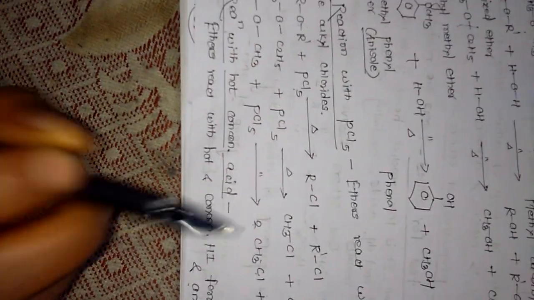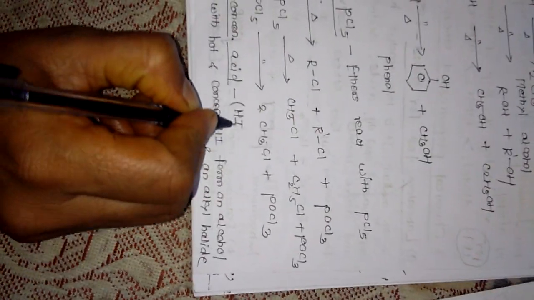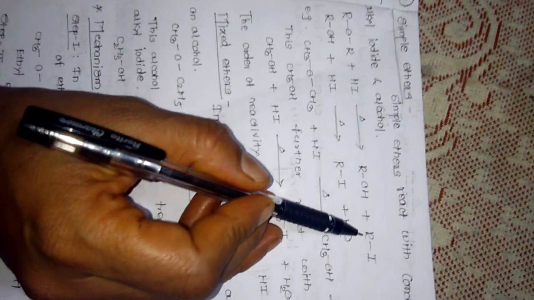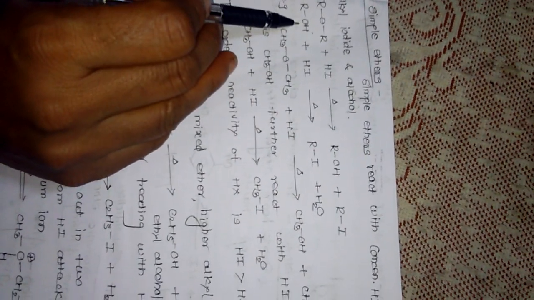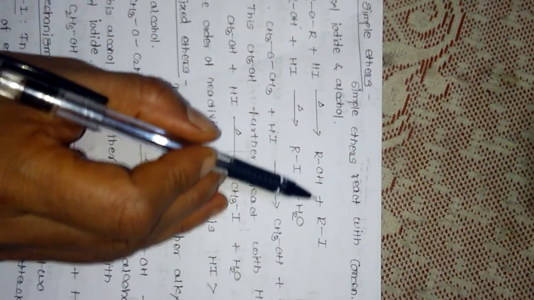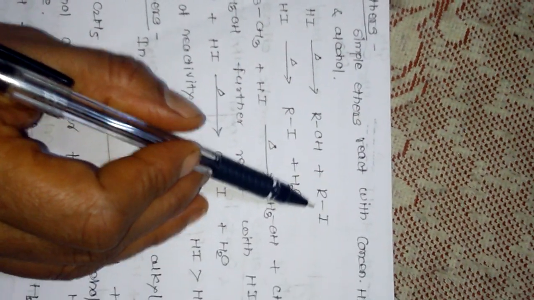Next, reaction with hot concentrated acid. Which acid is used, hot concentrated? HI. When ethers react with HI, they form alcohol and alkyl iodide. This is a simple ether. ROR reacts with HI to form ROH plus RI.